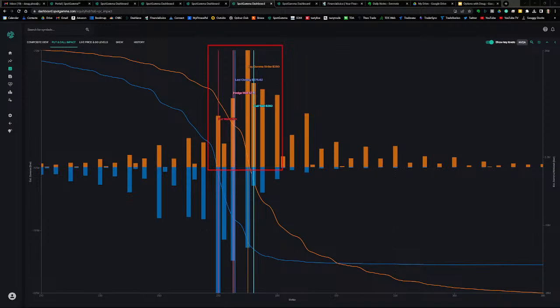And notice that these lines here are showing the rate of change of gamma. And notice how these lines start to level off as price increases. That means these calls that I was just talking about go so far in the money that market makers no longer need to hedge.